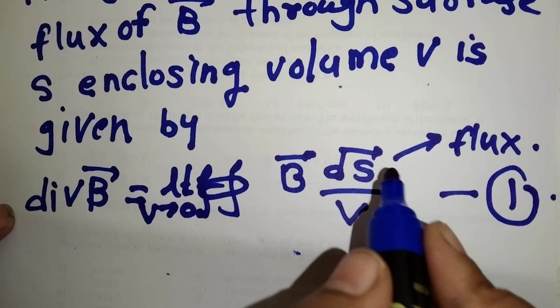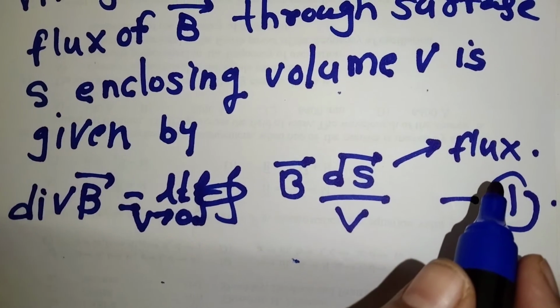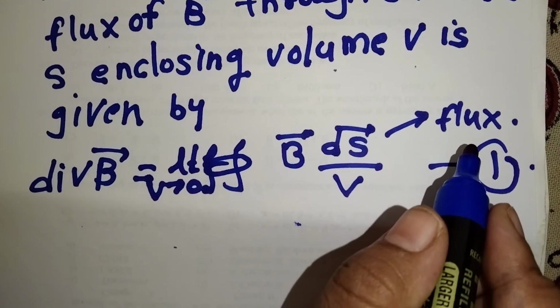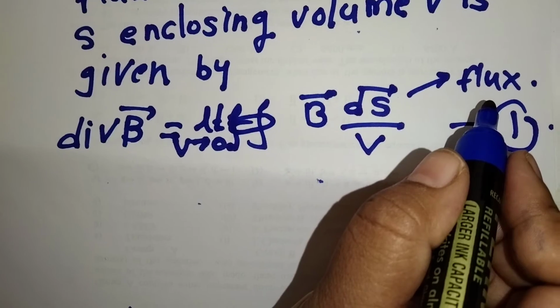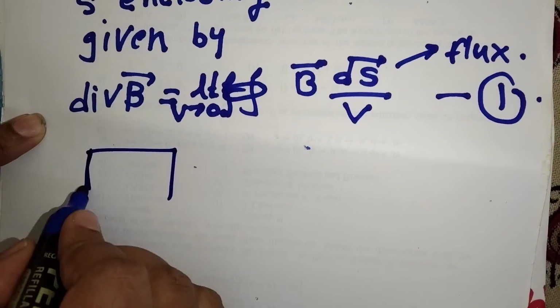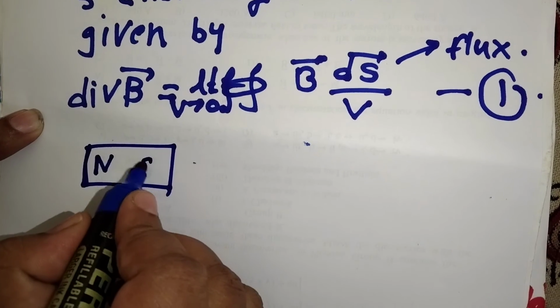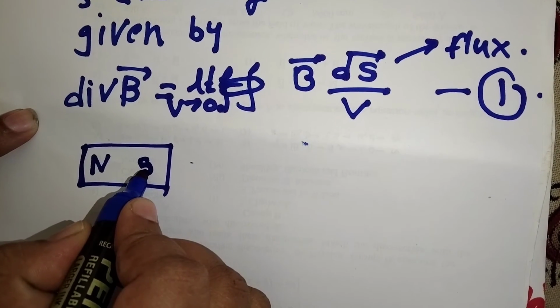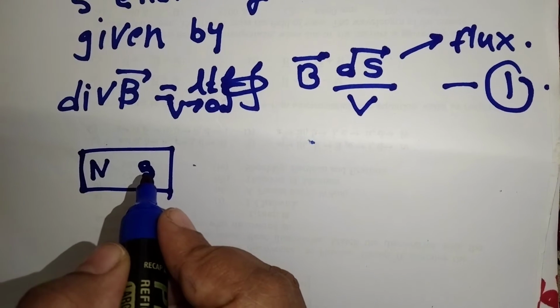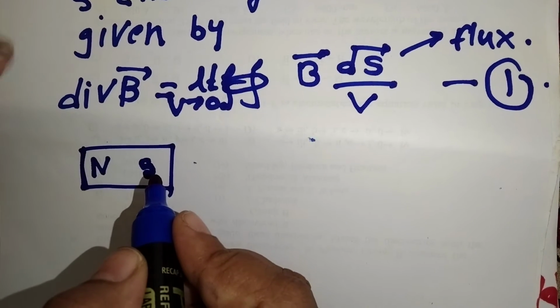B bar ds bar is a flux. We know the net magnetic flux going out or entering is 0. Consider the magnet with N and S poles. The field is not entering or leaving, it is closed.